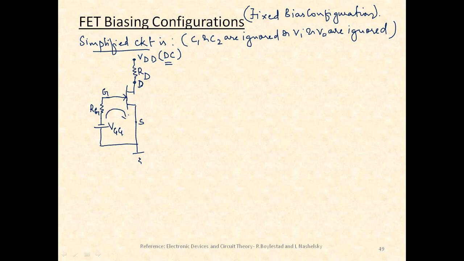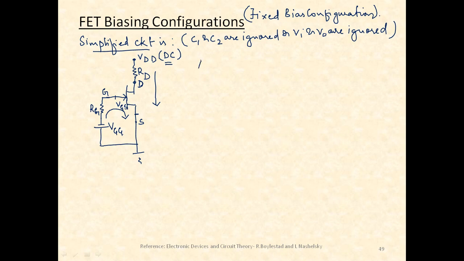One is the input path, which is like this, and the second one is the output path in this way. So we'll have to apply KVL for both input as well as output path. Let us first try to analyze the input portion. What actually happens? So the voltage across gate to source is VGS.